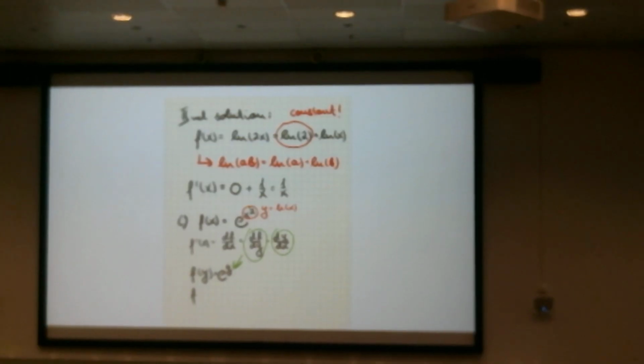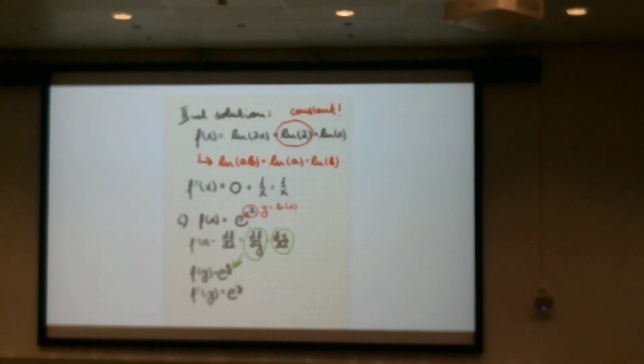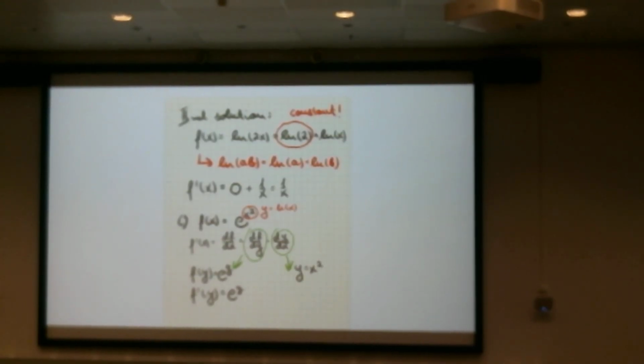And I need a derivative of that. So if the function is e to the power of y, then the derivative is exactly the same, e to the power of y. Nothing changes. And for this part, I remember that y depends on x. So y is equal to x squared.